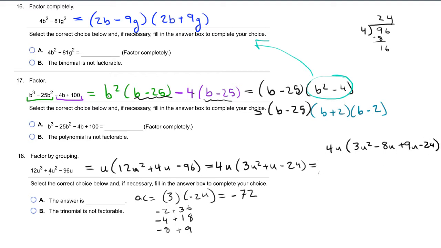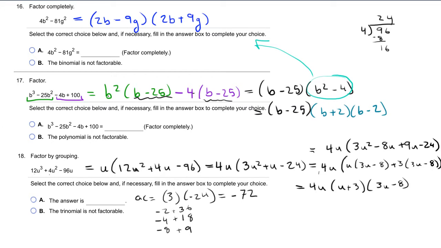This is equal to 4u times, will be u, 3u minus 8 plus 3, 3u minus 8. This is 4u times u plus 3 times 3u minus 8. Whew. Took us a little bit, but we got there.